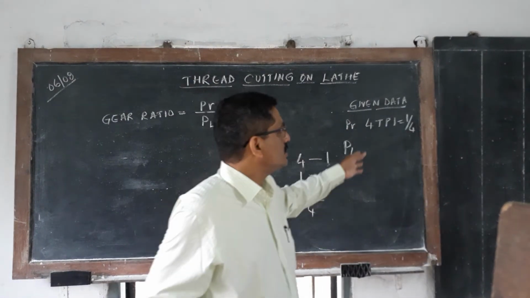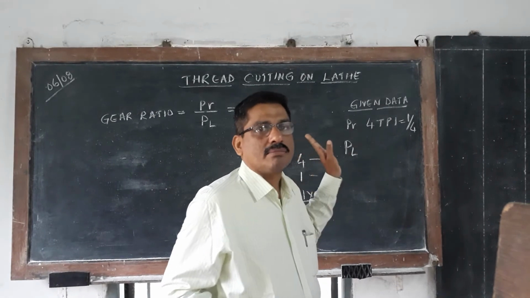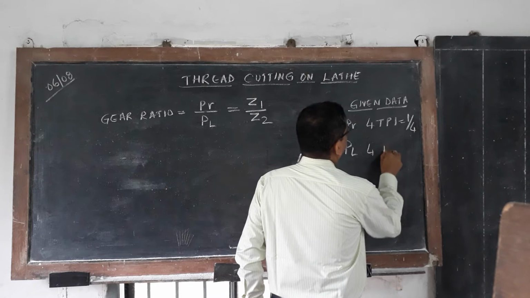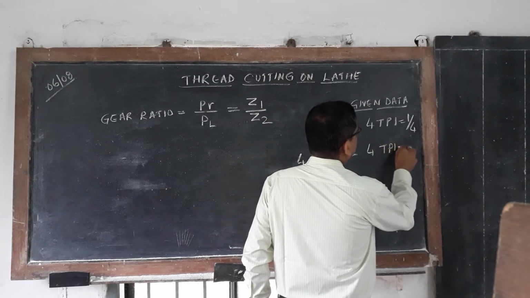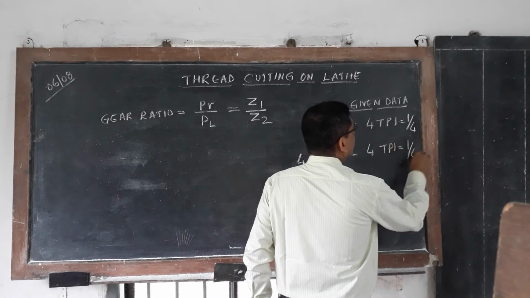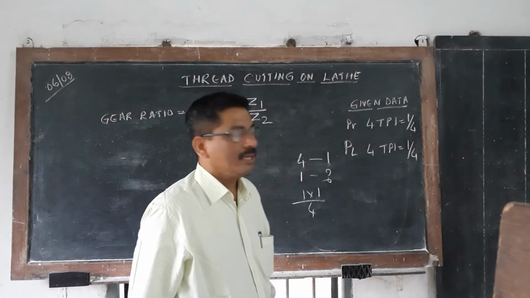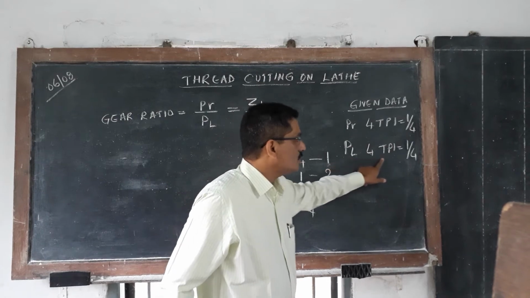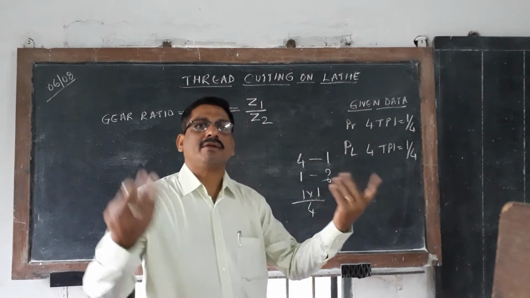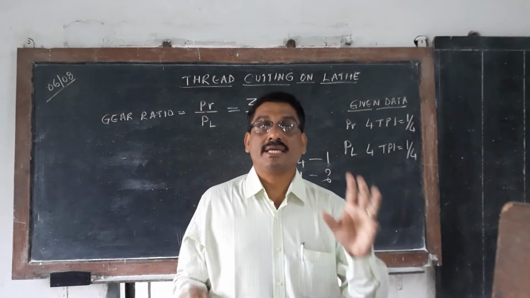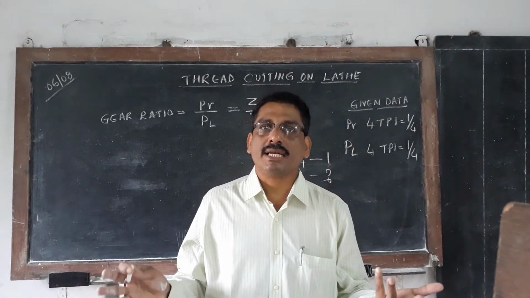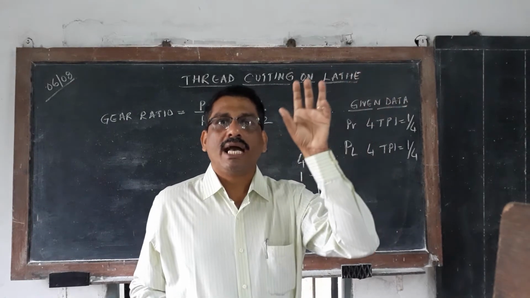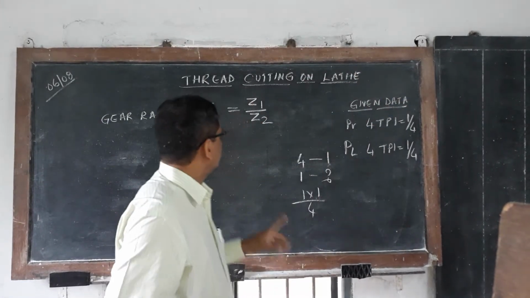If you take the same 4 TPI here also, the same gear will come. The pitch of the lead screw, 4 TPI, is equal to 1 by 4. The pitch required is 4 TPI and the pitch of the lead screw is 4 TPI, which means directly you can say the same number of teeth will come on the driver as well as on the driven. So we'll do the calculation now.